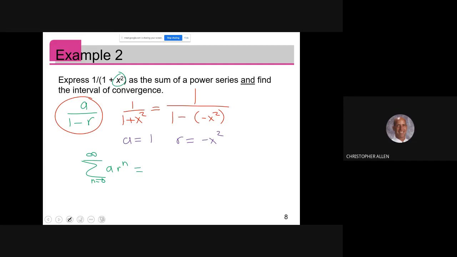That's what we did in the past. So this is just going to be the sum, actually, let's go back to red, the sum, n going from 0 to infinity. A is 1, so that doesn't really help me anything here. I just need to do negative x squared to the n.